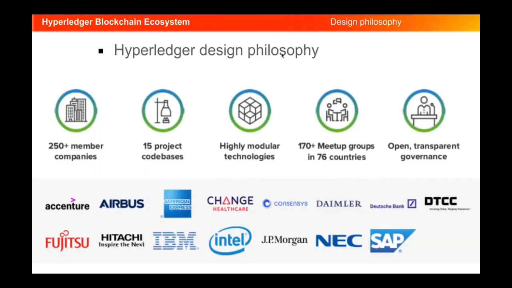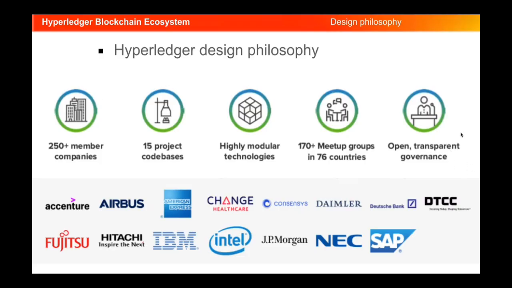What is the design philosophy of Hyperledger? What does design philosophy mean? What are the core philosophies Hyperledger stands on? The main philosophy Hyperledger stands for is modular technology, and it also has to be open and transparent governance.